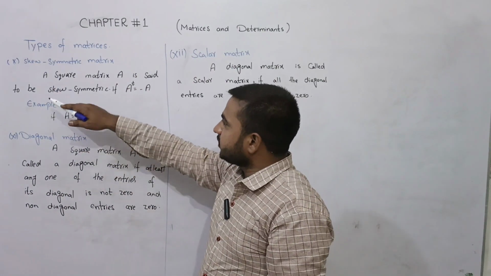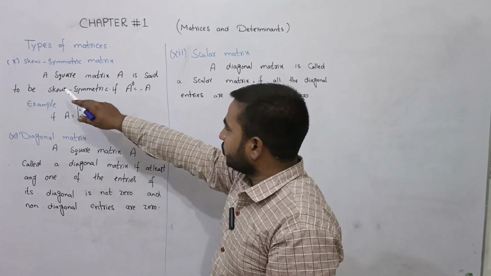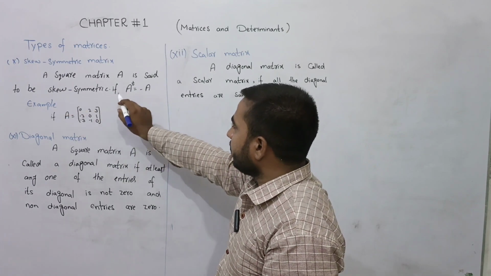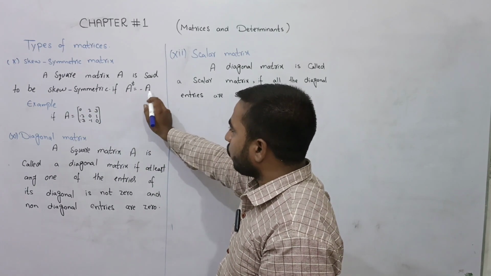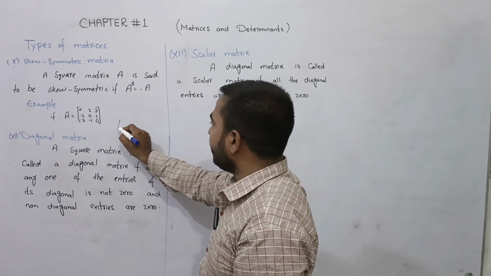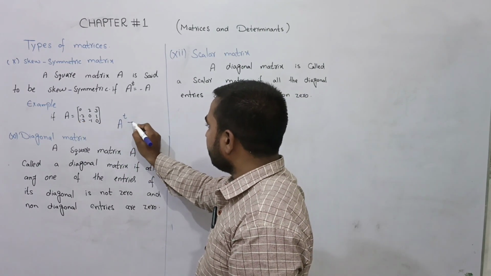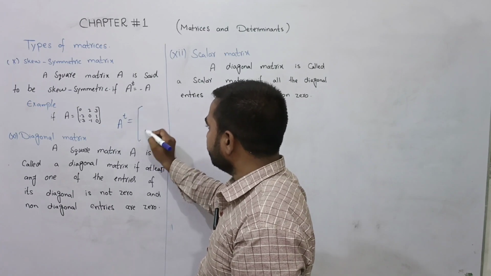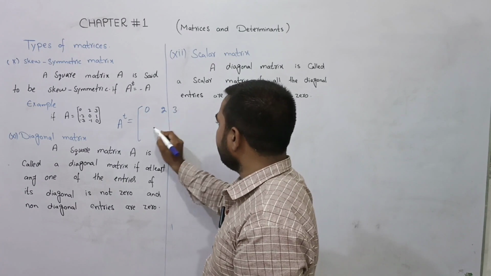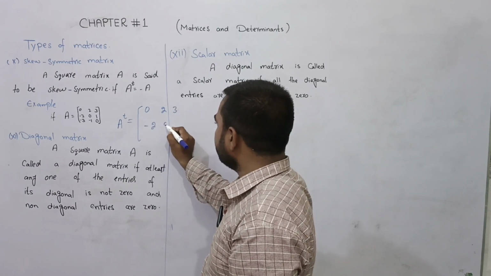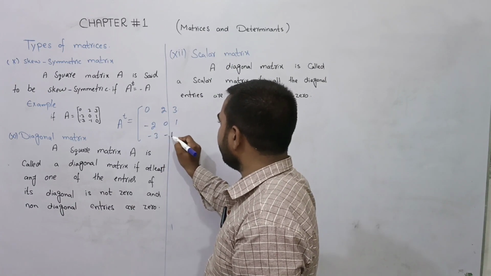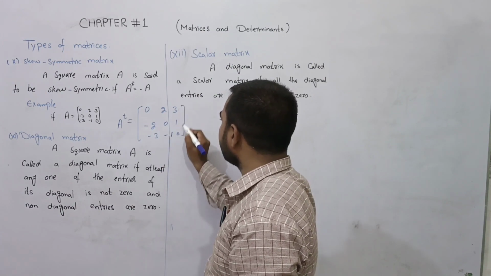The next one is skew symmetric matrix. A square matrix A is said to be skew symmetric if A transpose is equal to minus A. For example, if we have A, first of all we take the transpose. A is 0, 2, 3, -2, 0, 1, -3, -1 and 0.